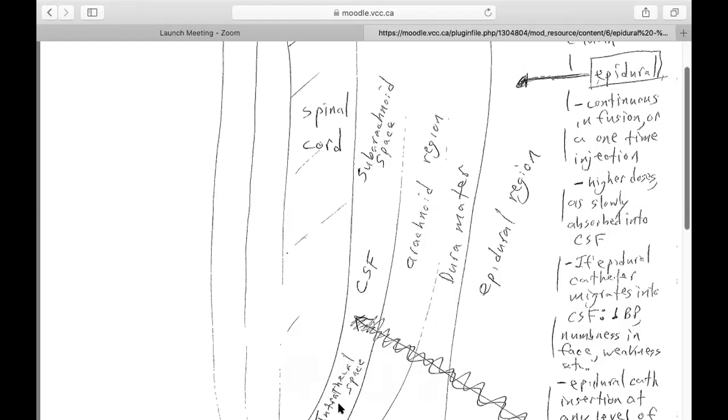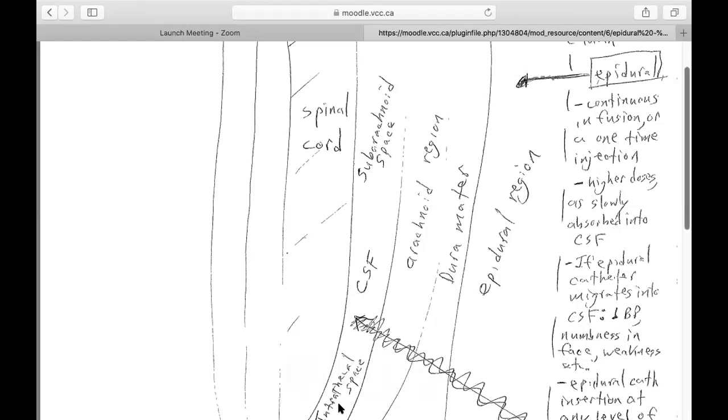Now, it's important to know the term intrathecal space because the intrathecal space and the subarachnoid space are one and the same thing. It's important to know that those terms are interchangeable, because when you look up medications in your Davis drug guide, one of the routes it presents to you is the thecal route.